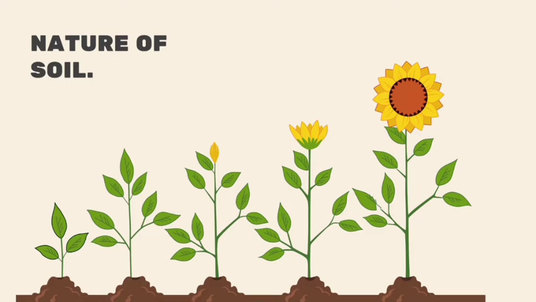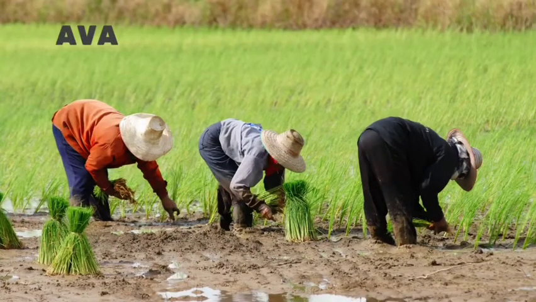The next thing the farmer will consider is the type or nature of soil. This is because soil is the medium for plant growth, and remember, poor soil will produce poor yield. So for you to have good yield, you need a good soil. The next factor is availability of input.